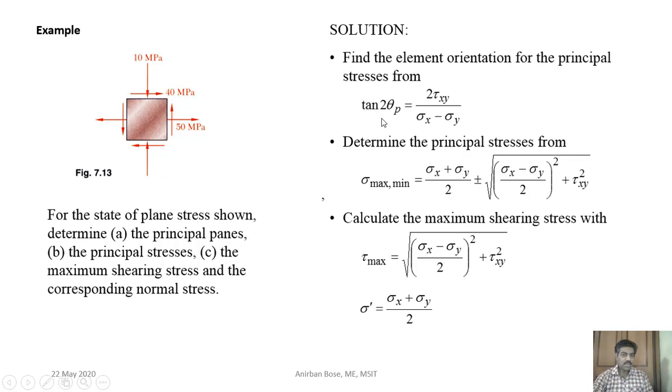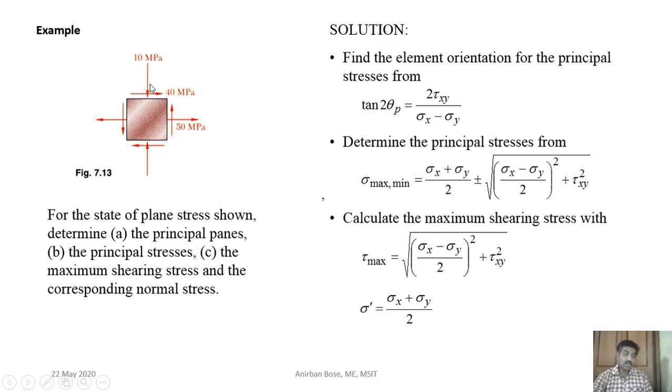Just use the formula where the principal plane occurs. You know tan of 2 theta p is equal to 2 tau xy by sigma x minus sigma y, and you know tau xy is 40 megapascal. You know sigma x and sigma y. What is sigma x? 50. What is sigma y?